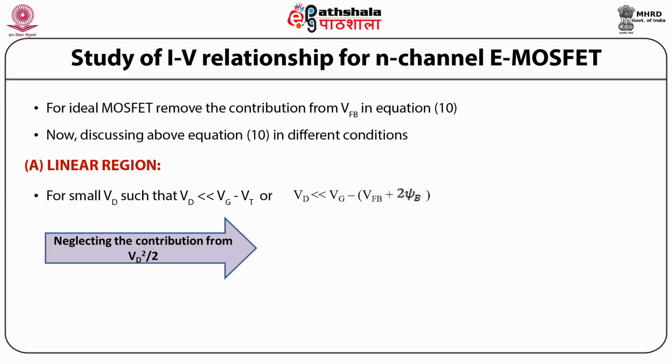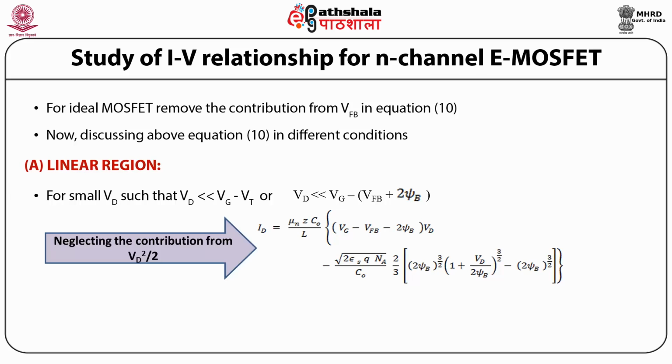So equation 10 becomes Id equal to mu n Z C0 by L multiplied by bracket Vg minus VFB minus 2 psi b bracket multiplied by Vd, minus root of 2 epsilon s q NA by C0 multiplied by 2 by 3 bracket 2 psi b to the power 3 by 2 multiplied by bracket 1 plus Vd by 2 psi b bracket to the power 3 by 2 minus 2 psi b to the power 3 by 2, the bracket close.